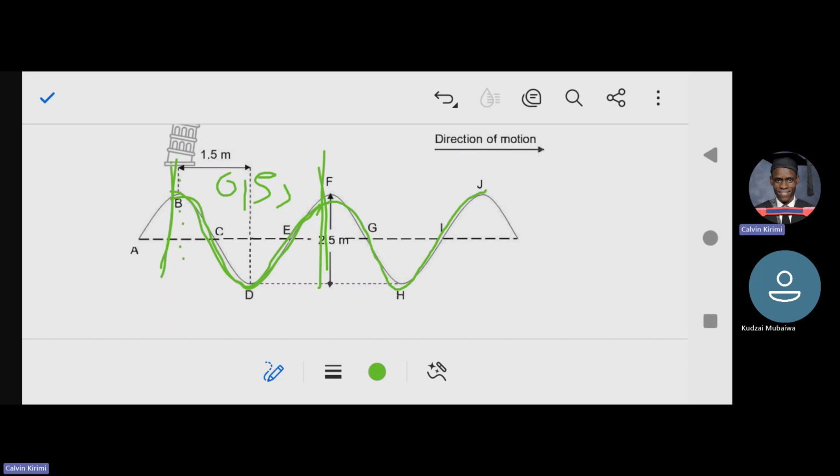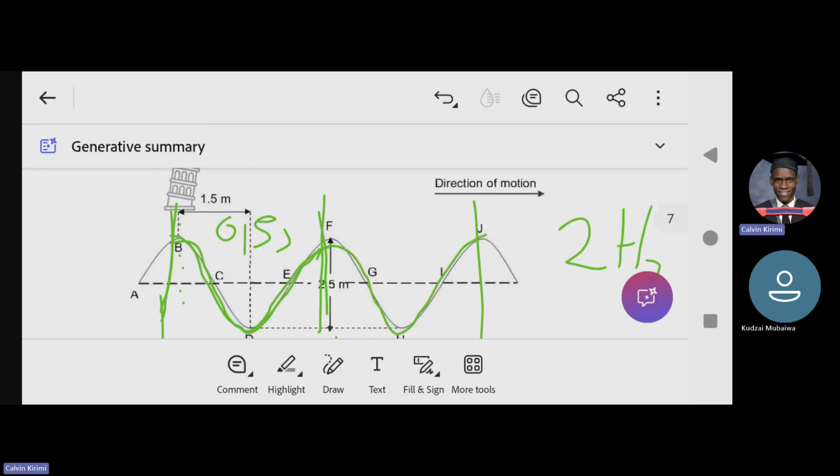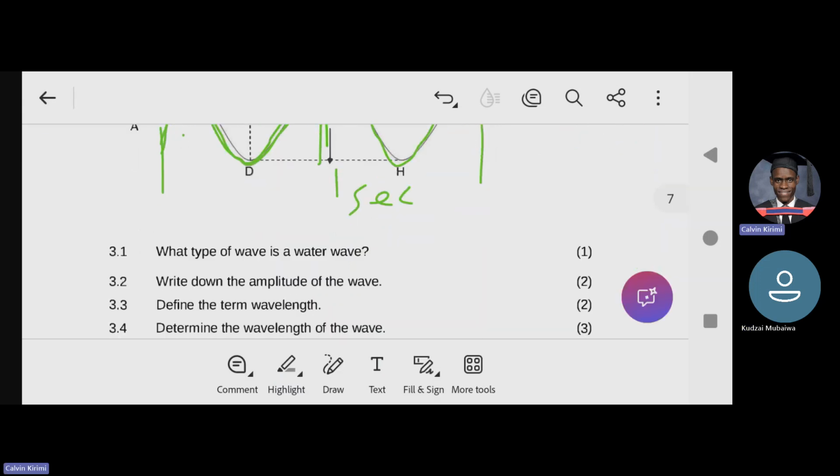Because we said cycles per second, from there to there we have 1 second, and I've completed 2 cycles. That is what we mean by hertz. It will be 2 Hz.